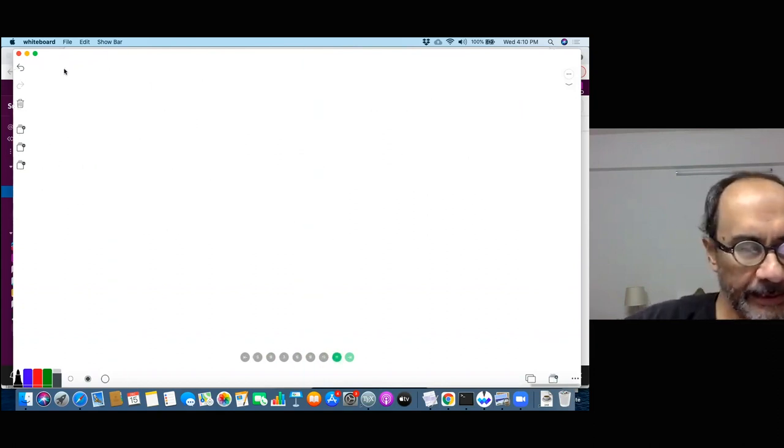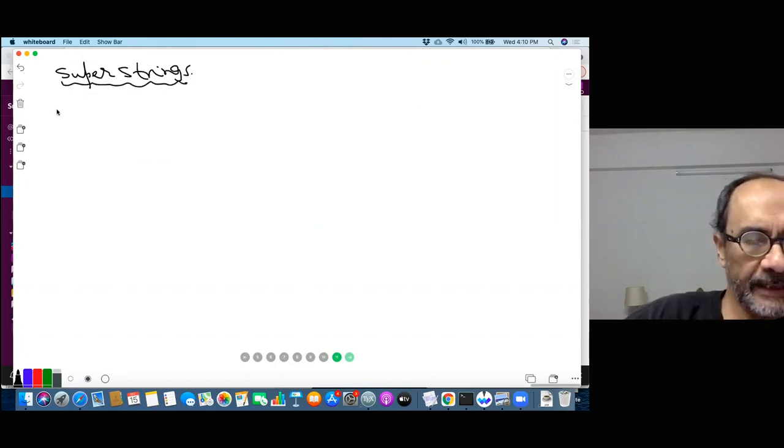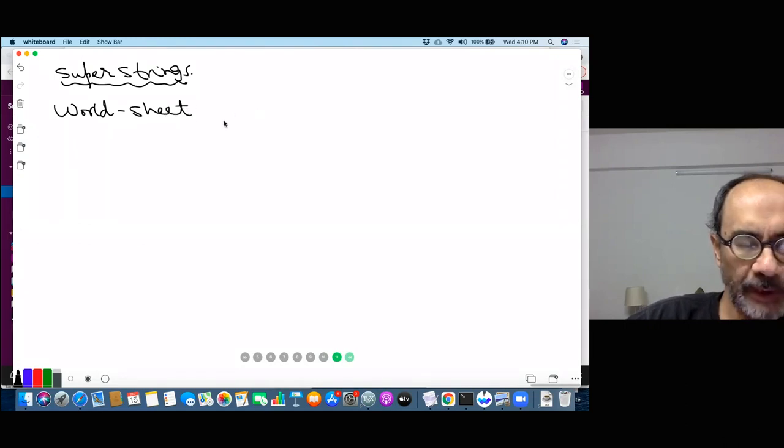Okay, so superstrings. Here the starting point is the worldsheet theory. You remember the worldsheet theory that we had for bosonic strings had diffeomorphism.